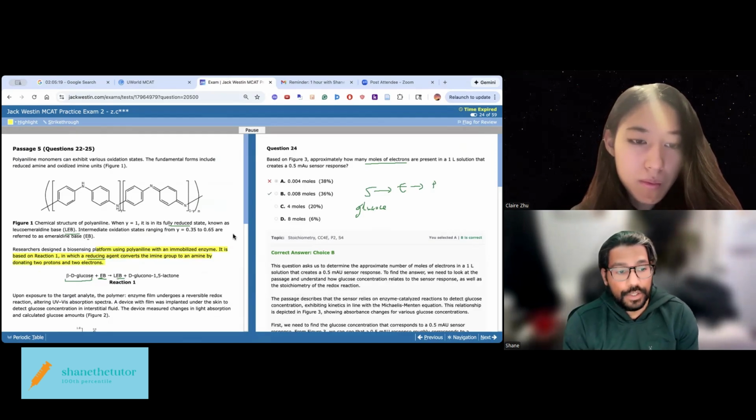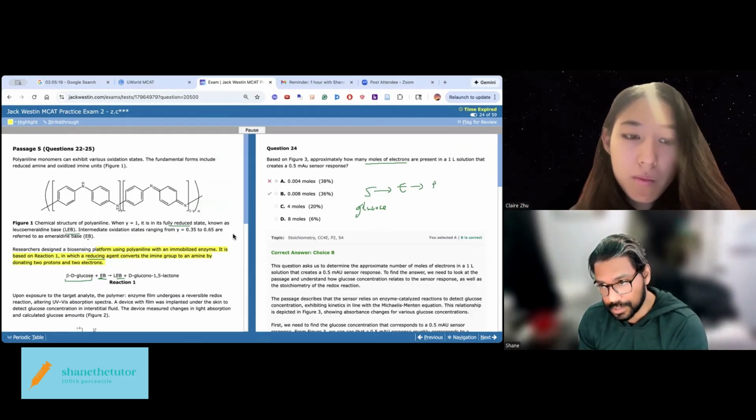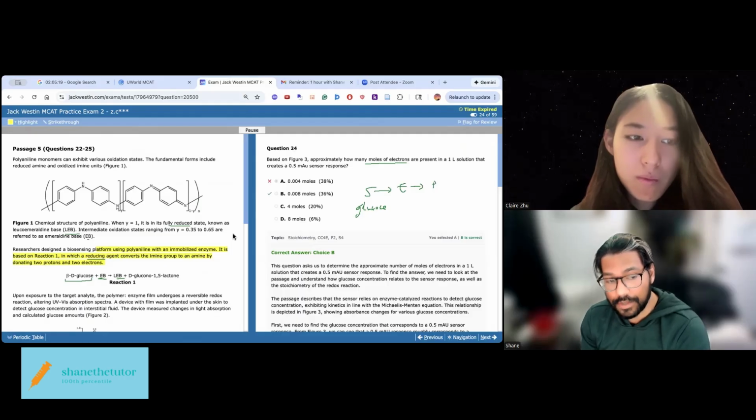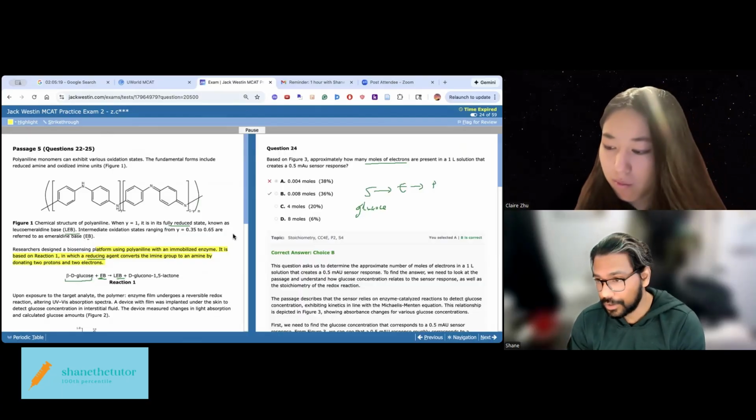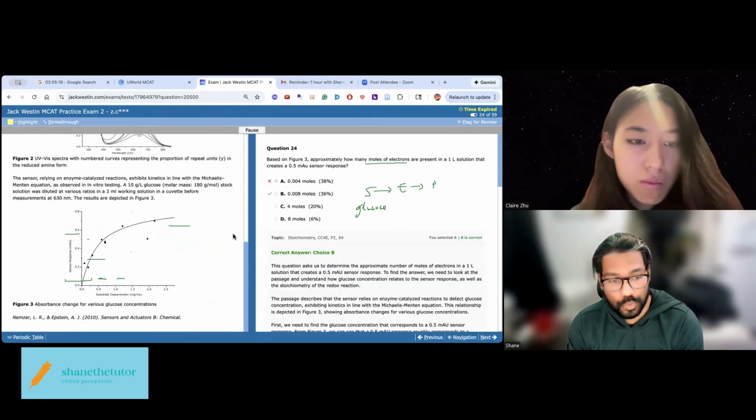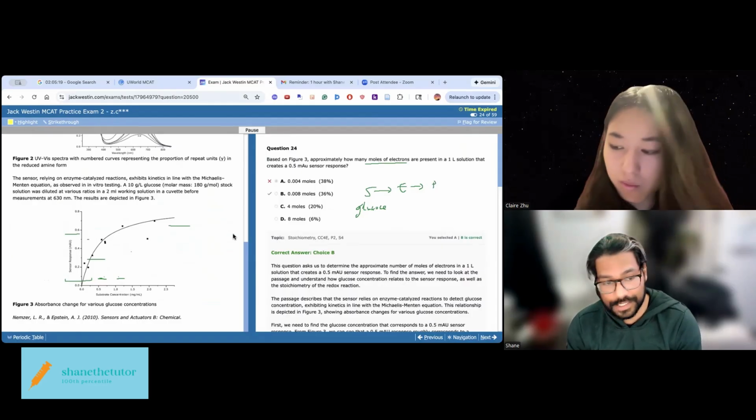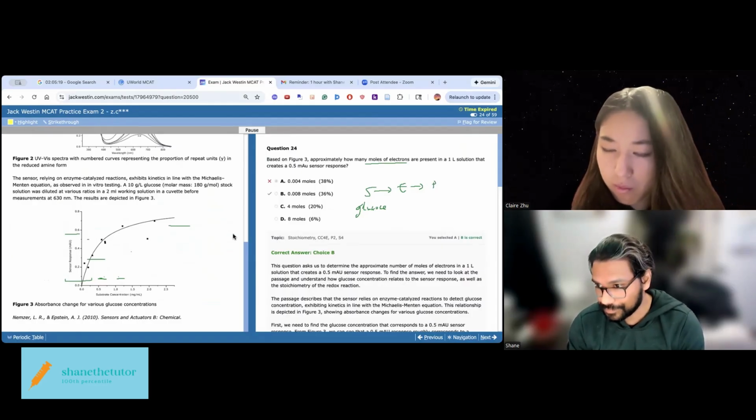So the reducing agent in this case happens to be glucose, and that's the only reason we can connect it to figure 3, which would give us a glucose concentration. Okay?